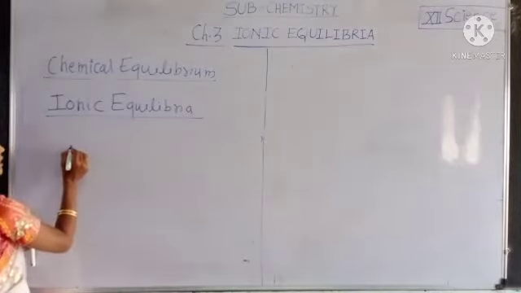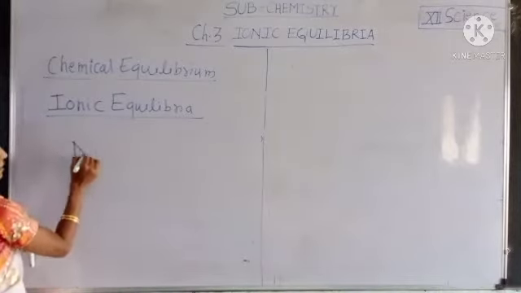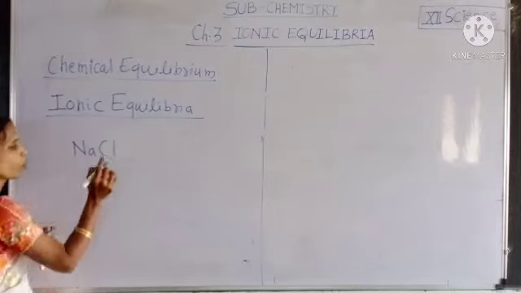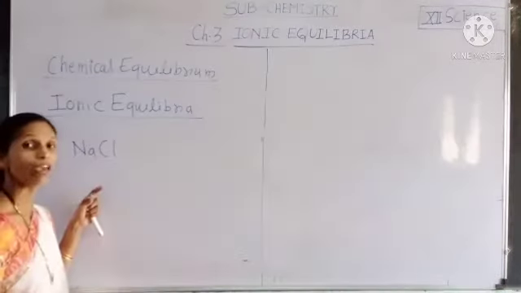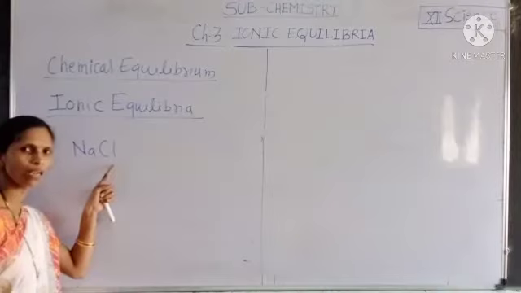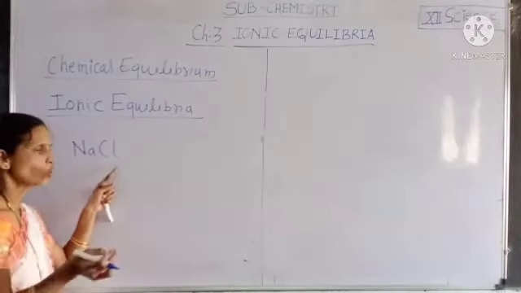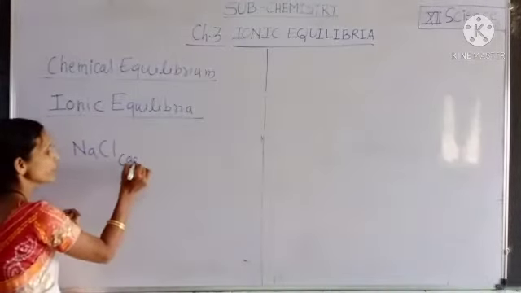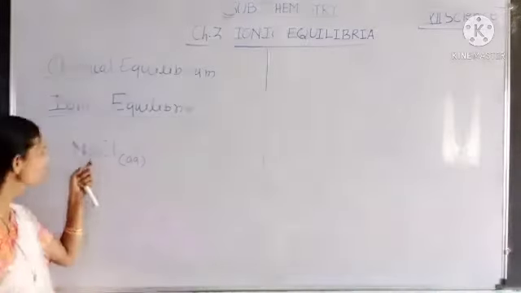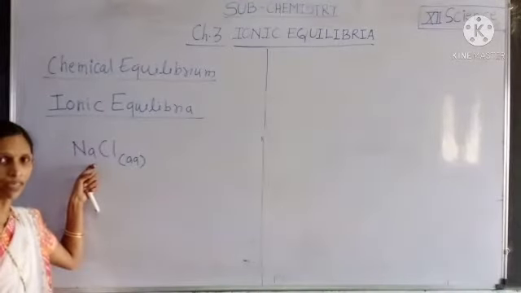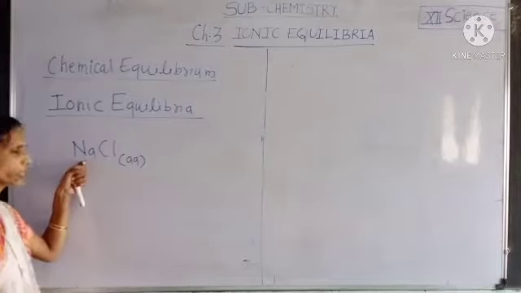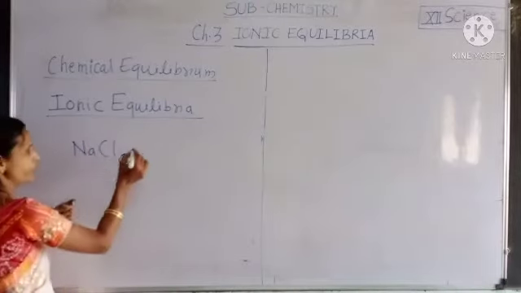See here, generally any substance commonly used in everyday life, that is NaCl, which is in solid state, when it is dissolved in aqueous medium, meaning it is dissolved in water, then an aqueous solution of NaCl is obtained.